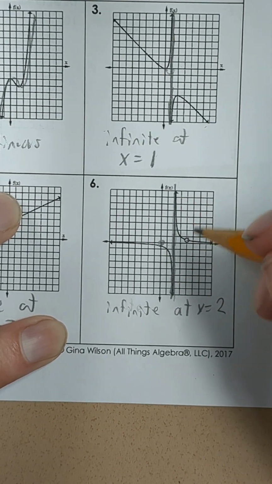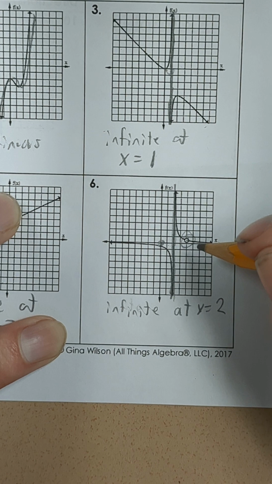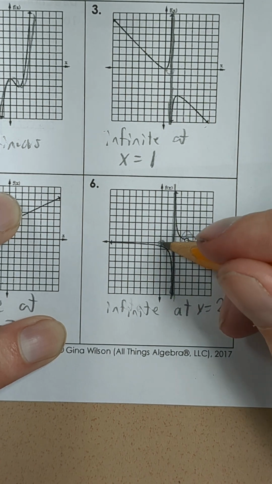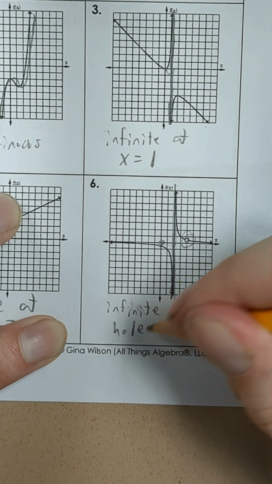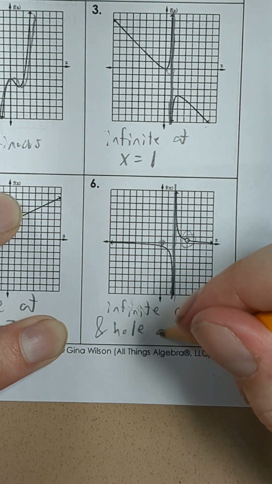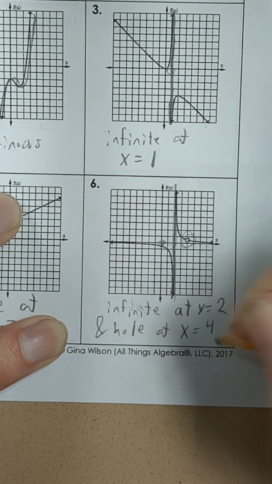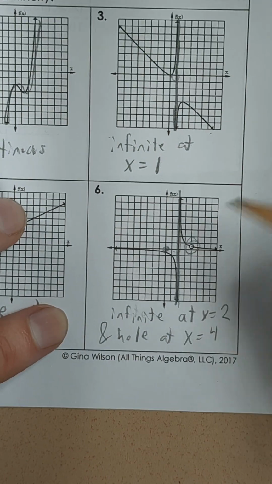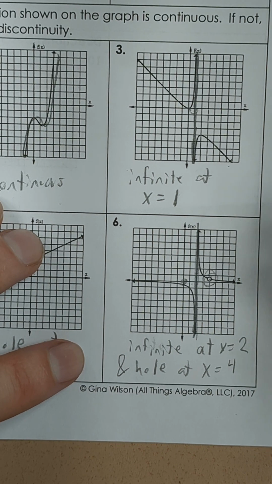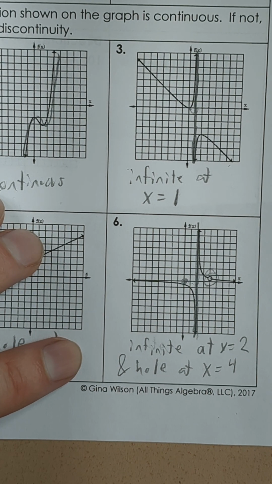And then there's another one, because there's a hole out here. And that hole is at x equals 1, 2, 3, 4. So it's got both an infinite discontinuity and a hole, and they're in two different places. It can have all three types of discontinuity if you want. They just have to all three be in different places.